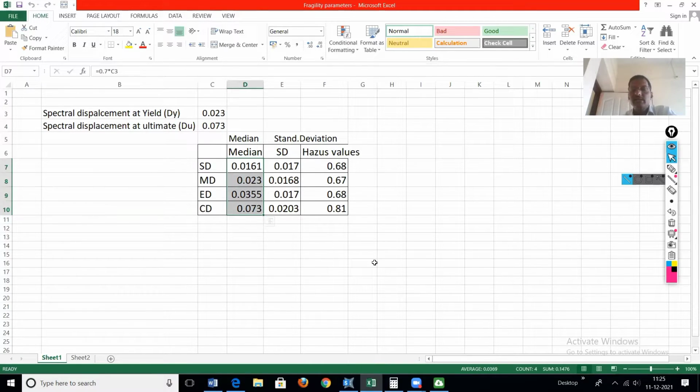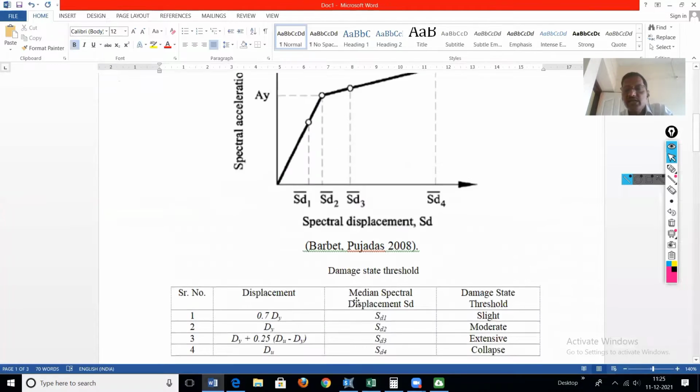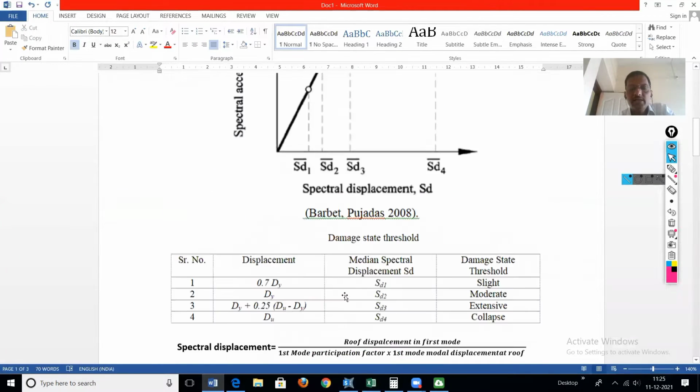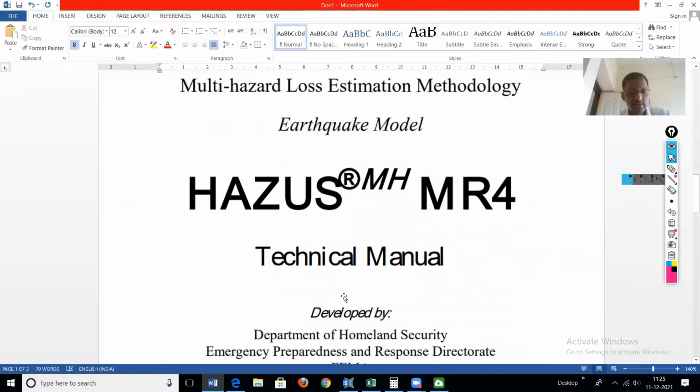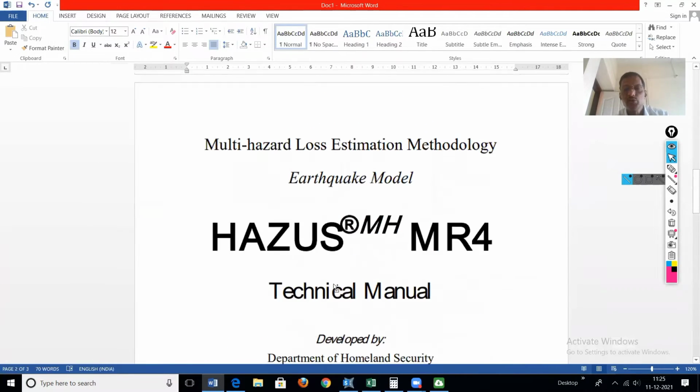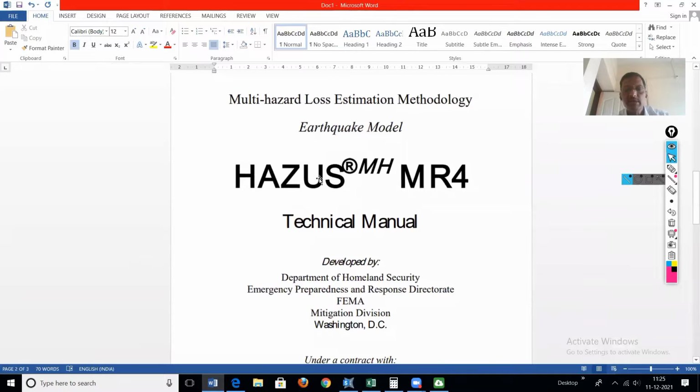Then the second parameter is the standard deviation. The standard deviation we will take directly from the Hazus manual. Now, where is the Hazus manual? It is actually a 700-page manual. For your reference, I will show its first page. This is the manual, Hazus in the sense of hazards in US, the MR4 technical manual.